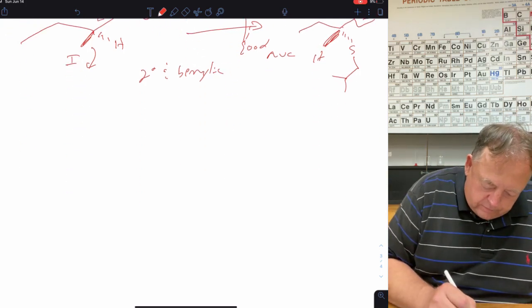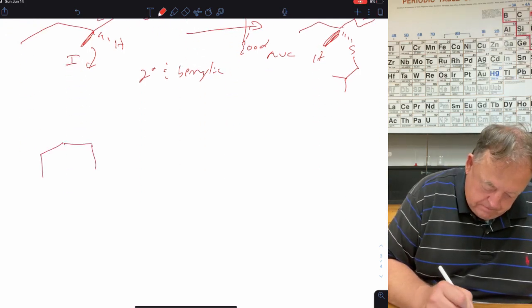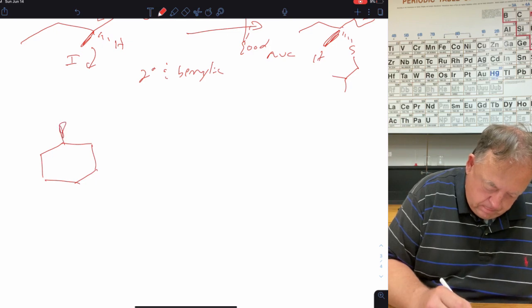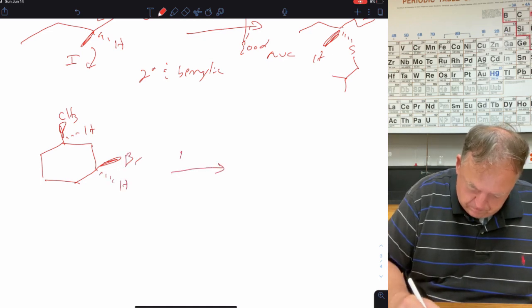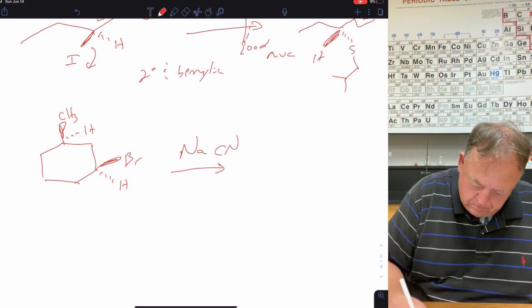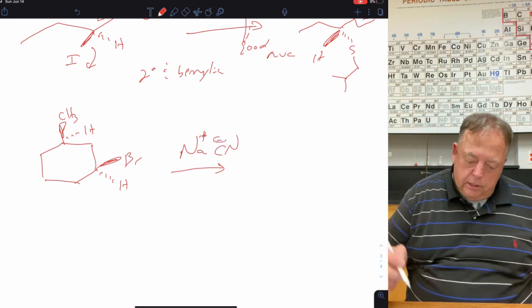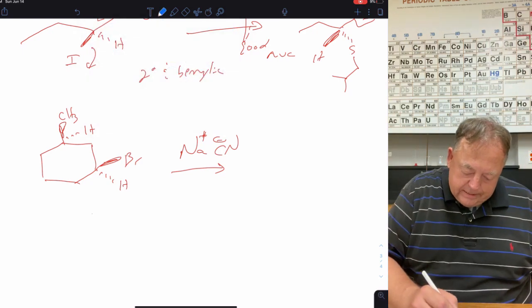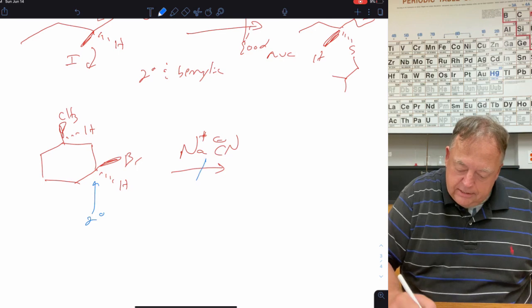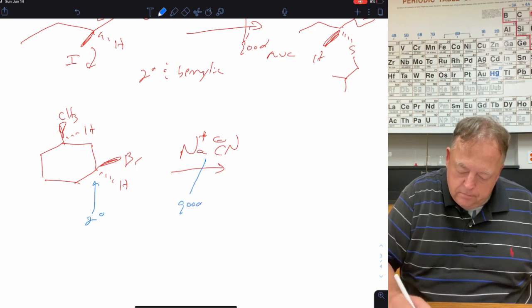Okay, one more example of this. Okay, how would you classify the alkyl halide? So that is a secondary alkyl halide. Cyanide's a good nucleophile.